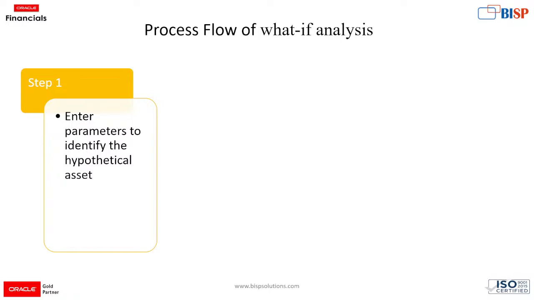So for a hypothetical asset, you can specify the asset category, the cost of the asset, and the date placed in service. And if you want to have a salvage value, you can put the salvage value also, and other parameters of an asset.